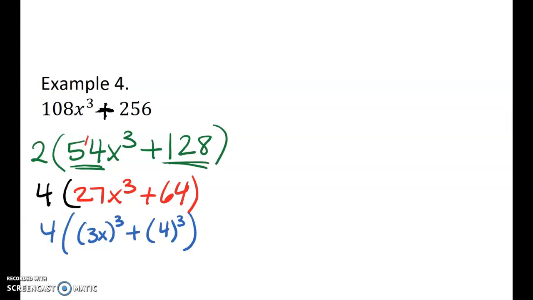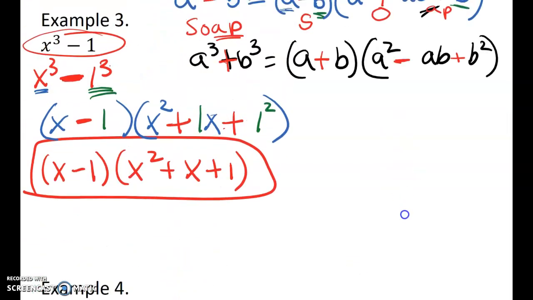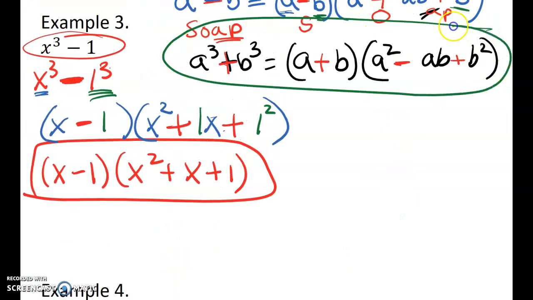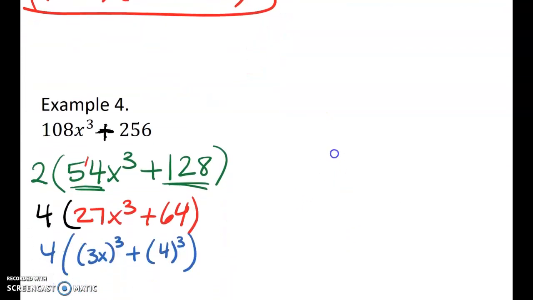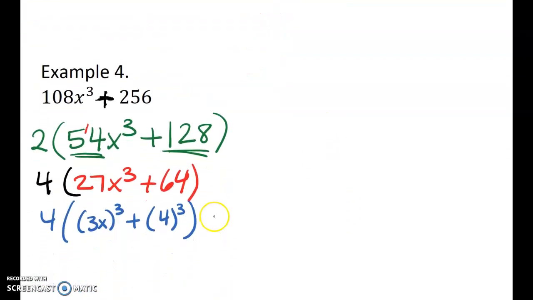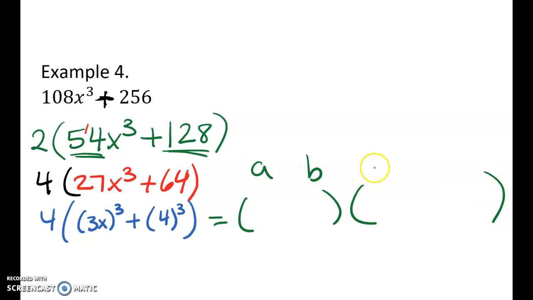So I'm going to use that rule that I just taught you guys here. Okay, I'm going to use that here where this is equal to A plus B times A squared minus AB plus B squared.